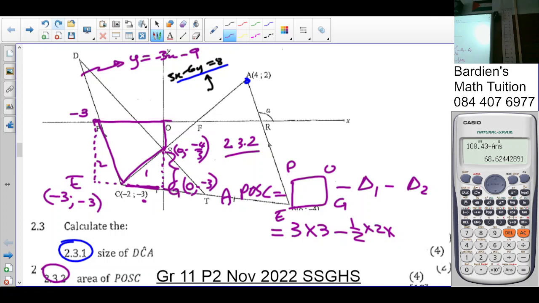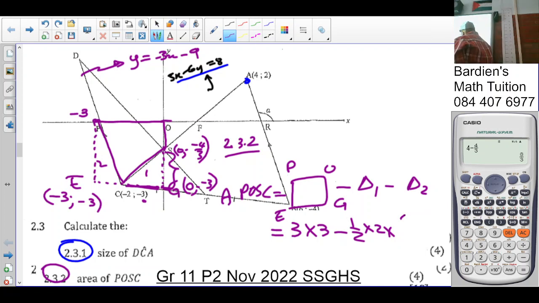And this from 0 to here is 3. So in other words, I must say 3 minus 4 over 3. Let's put this in the right order here. That is going to be 4 minus 4 over 3. So you want the distance between that. So that's going to be 8 over 3.